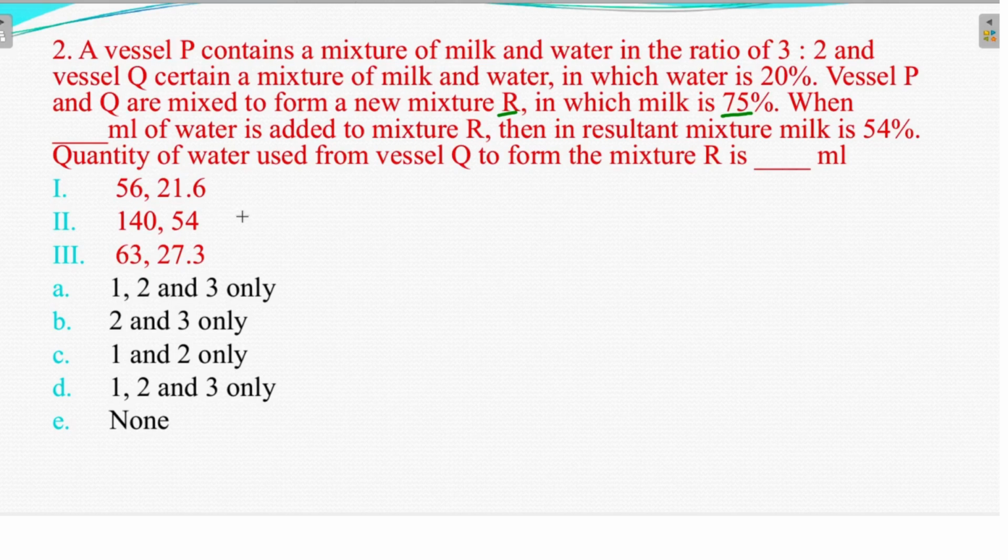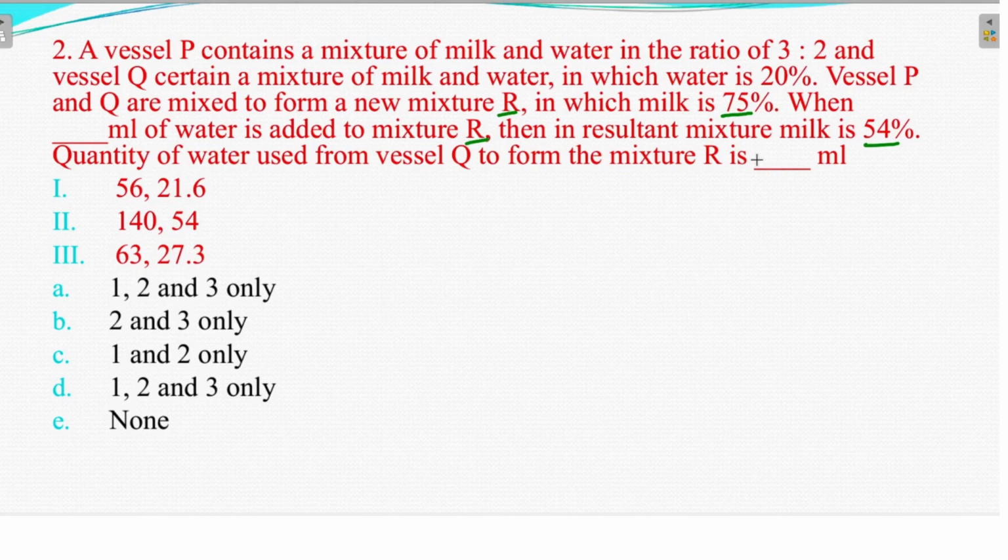When dash milliliter or liter of water is added to mixture R, then the resultant mixture has milk 54%. Quantity of water used from vessel Q to form mixture R is dash ml.